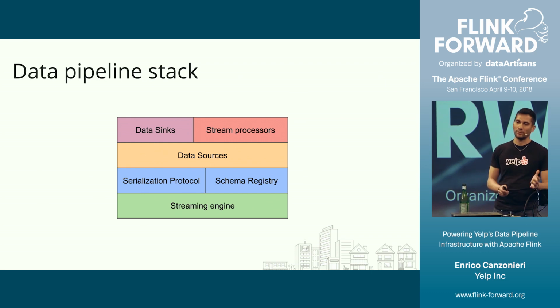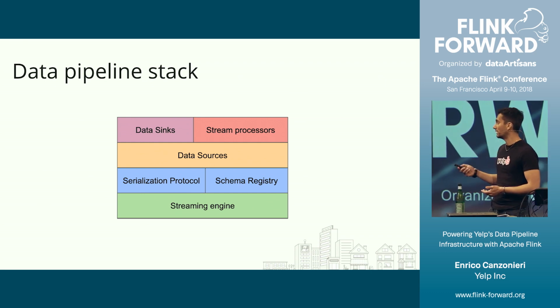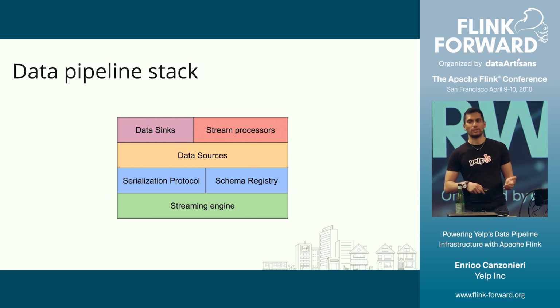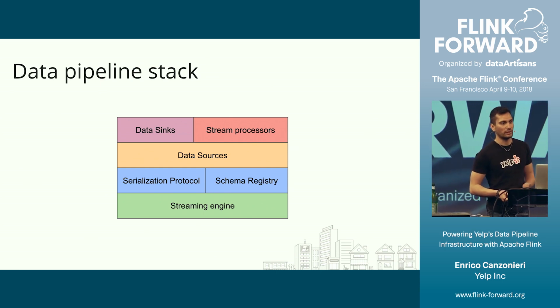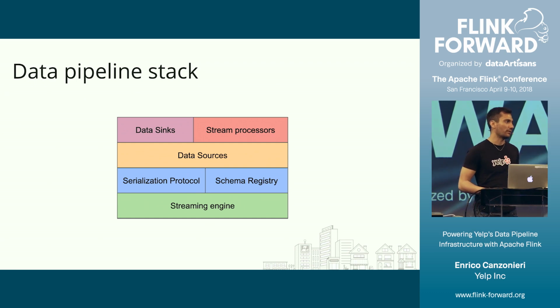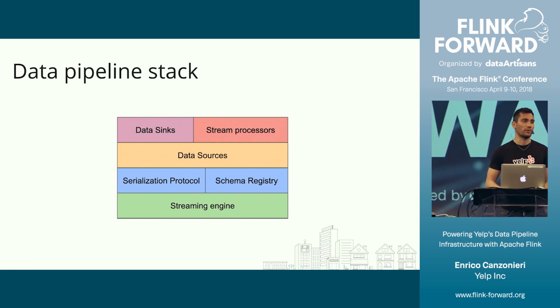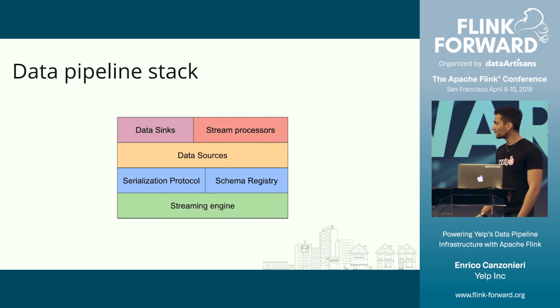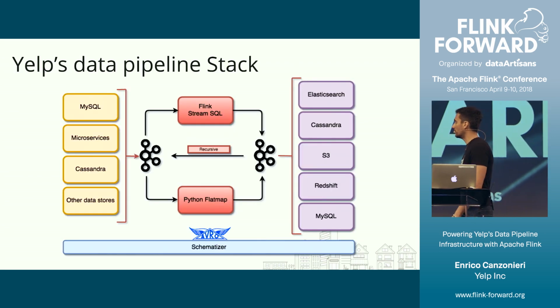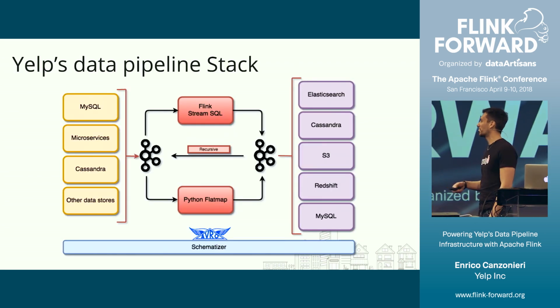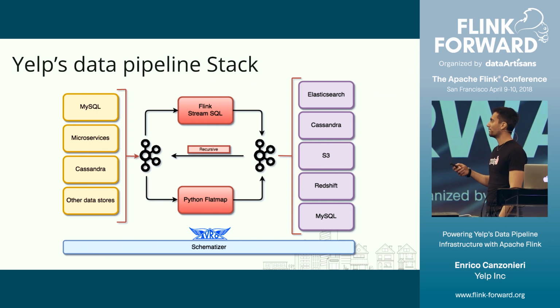Usually very coupled with stream processors are data sinks. Data sinks allow you to get data from a stream and ingest it into a different data store that doesn't provide a streaming interface, but can be used for online or offline analysis. At Yelp, this looks like this, where our streaming engine is Apache Kafka.